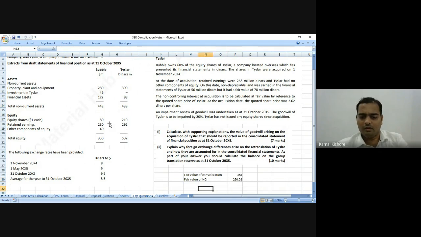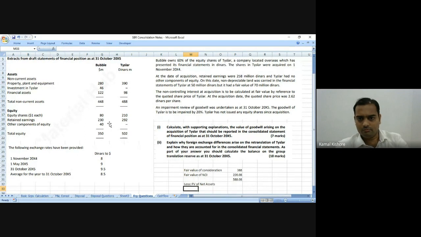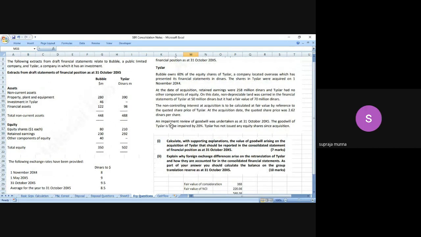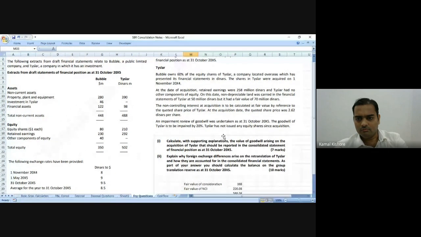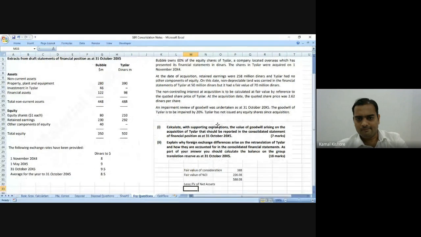Okay. Then fair value of consideration less fair value of net assets. How much? On the statement, 70 million dinars.